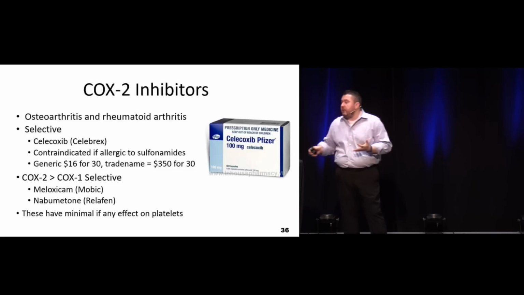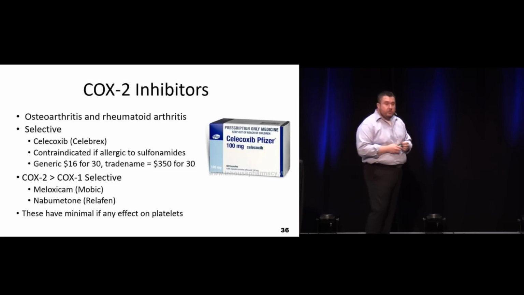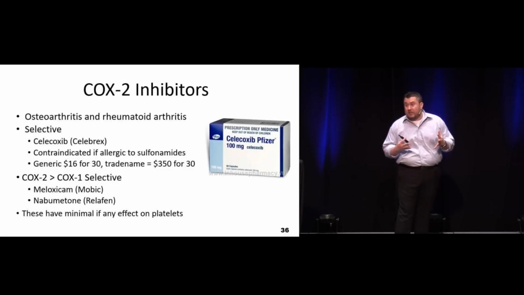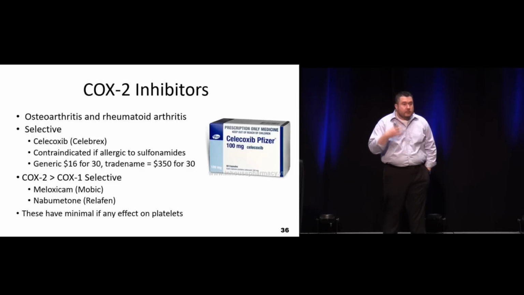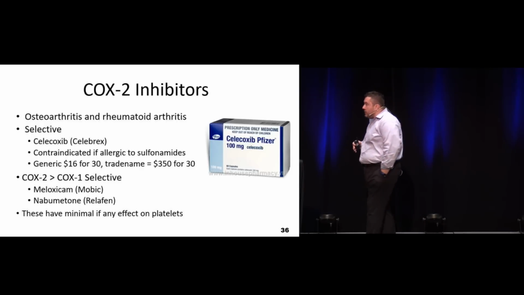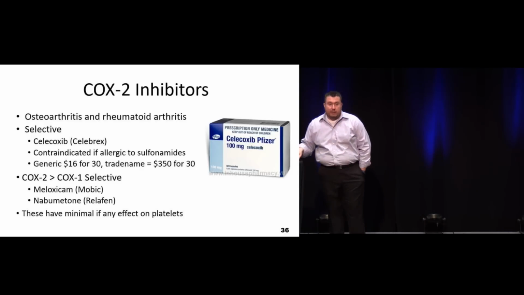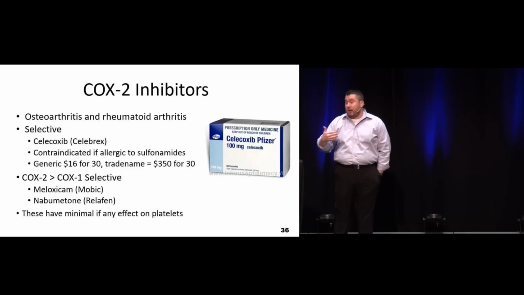Some of our more selective NSAIDs, like our COX-2 inhibitors, these are drugs we use commonly for things like osteo or rheumatoid arthritis. And these are either selective or very specific for COX-2. Celebrex, meloxicam, these agents probably have less effect on platelets than anything else. And that's the way we like if people need chronic care for osteo or something else, they use one of these agents.